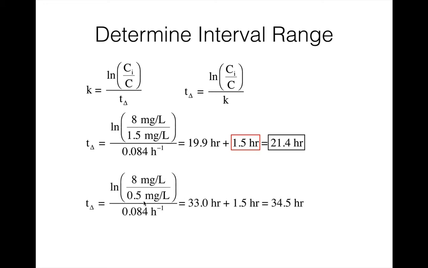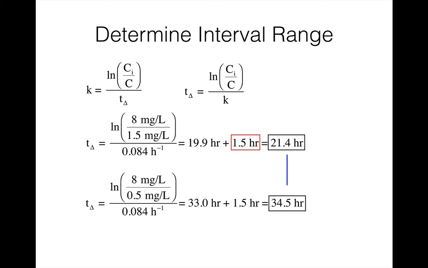If we use the lowest possible trough of 0.5, the time it takes to go from 8 to 0.5 with a K of 0.084 is 33 hours. And we also again add 1.5 hours, and that gives us a value of 34.5 hours.